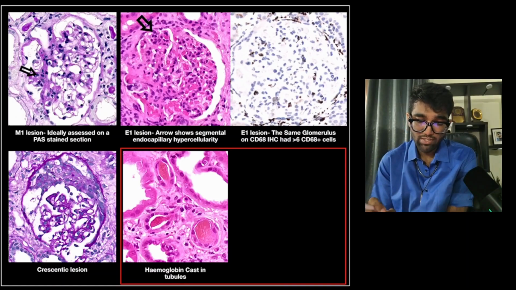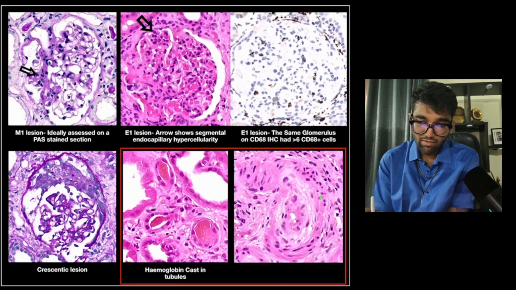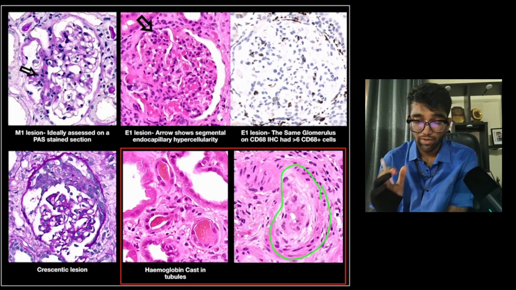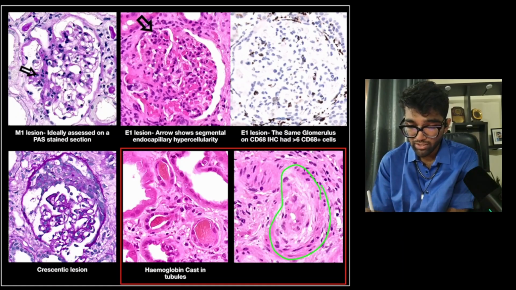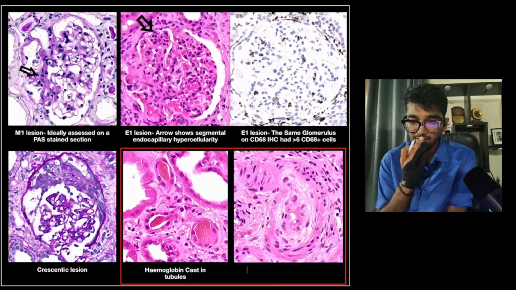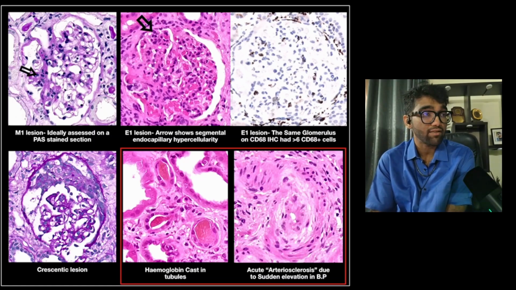Okay, so this is something that you can see in IgA nephritis. And this is a large blood vessel showing onion skinning, or proliferation of fibroblasts and pericytes around the blood vessels in concentric circles, indicating a sudden, or acute, arteriosclerosis, as due to a sudden elevation in blood pressure.